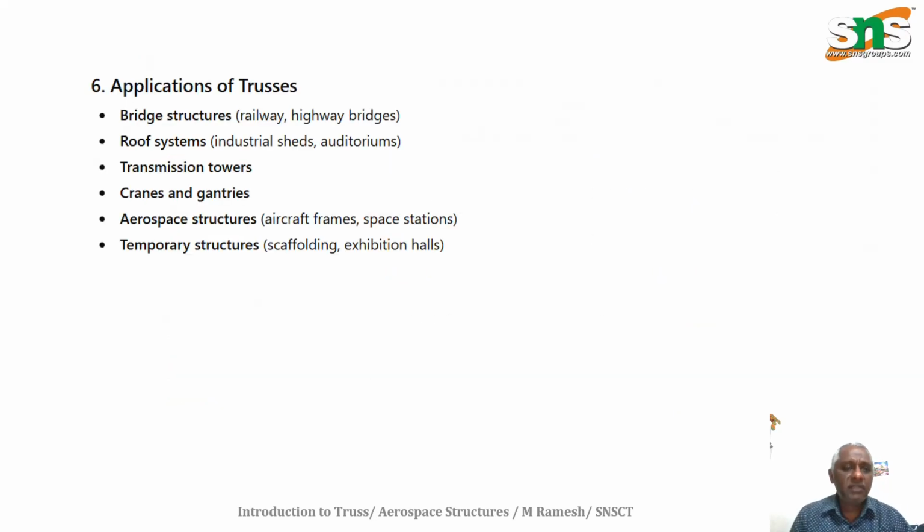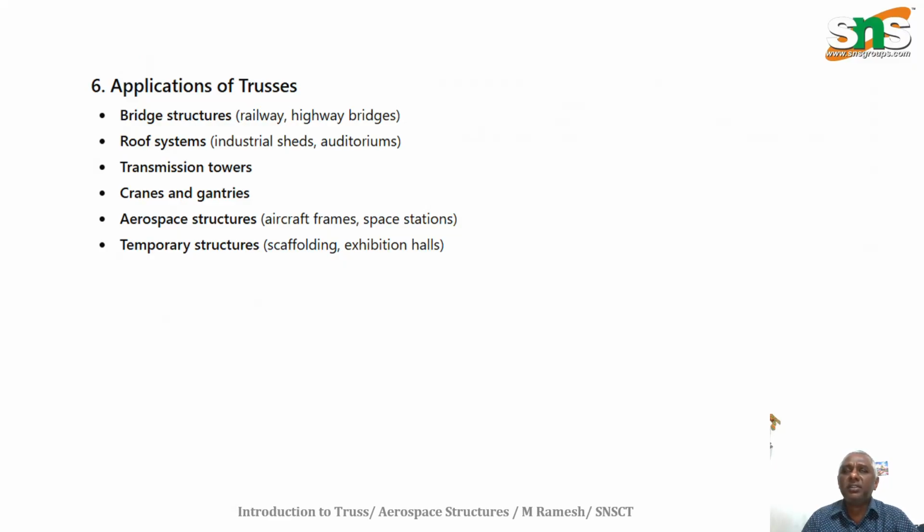Now, in the final topic, the applications of trusses. Trusses play a vital role in applications, especially bridges, such as railway and highway bridges, and roof systems like industrial sheds and auditoriums, and electrical transmission towers.